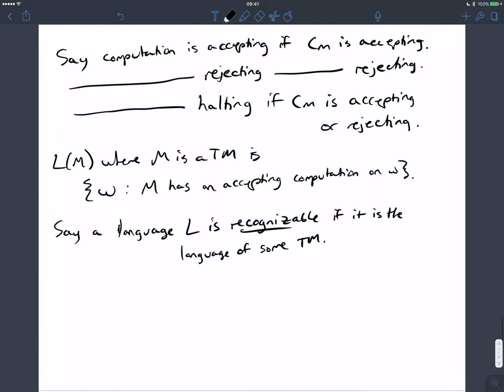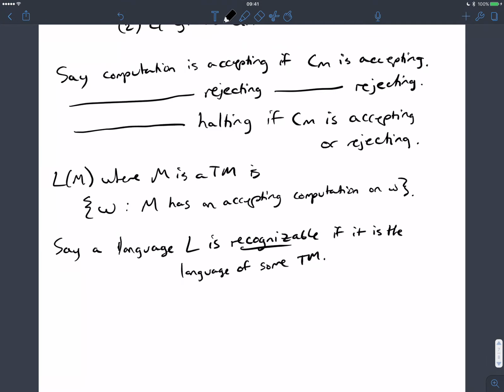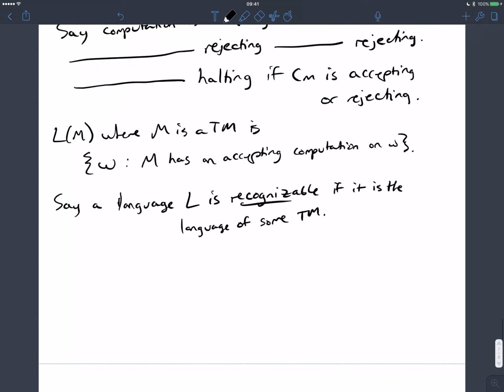Okay? But there's something that we need to note here. For the definition of the language of the Turing machine, could it possibly run forever on the inputs that are not in it, that don't end in QAccept? It is possible, yeah.